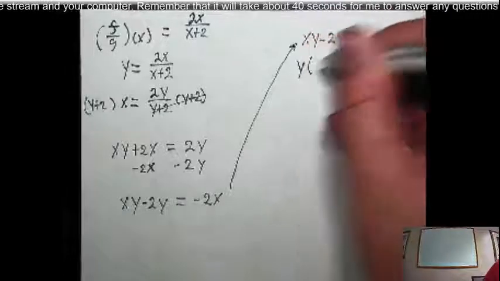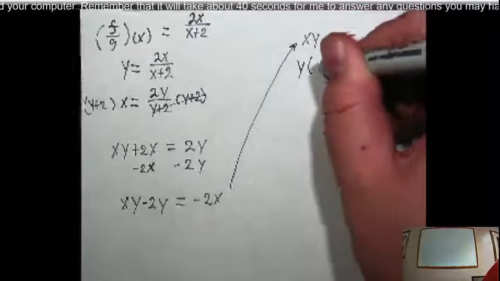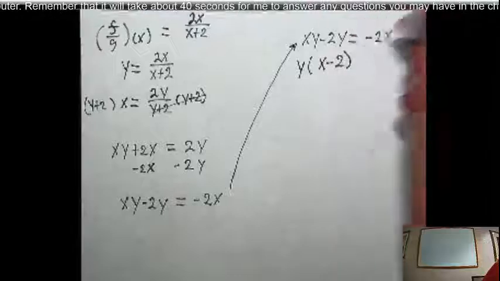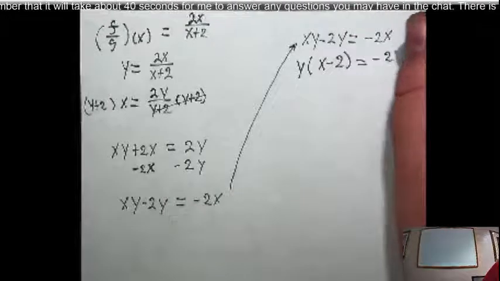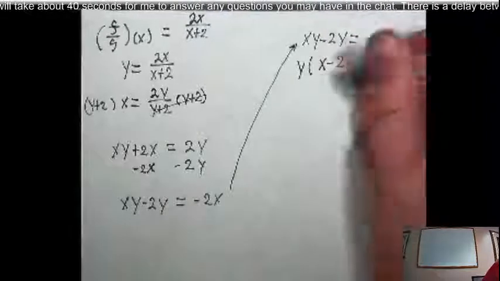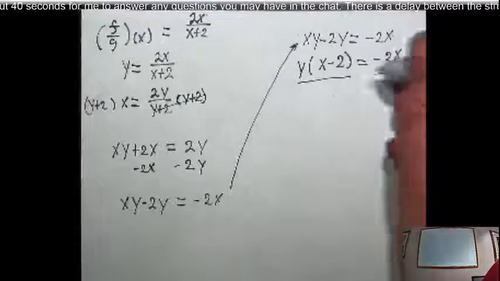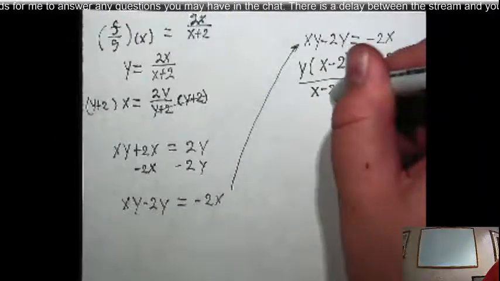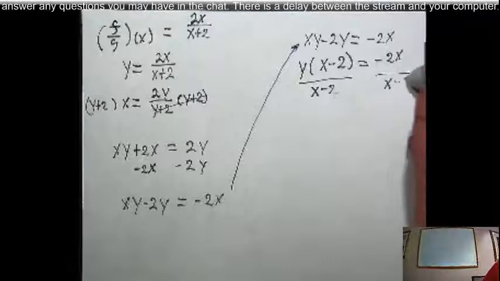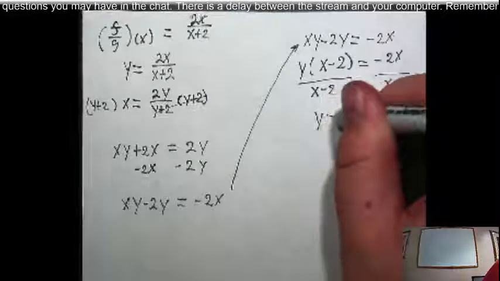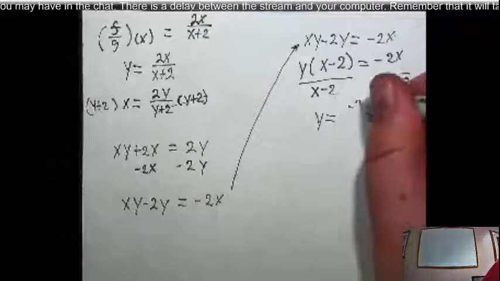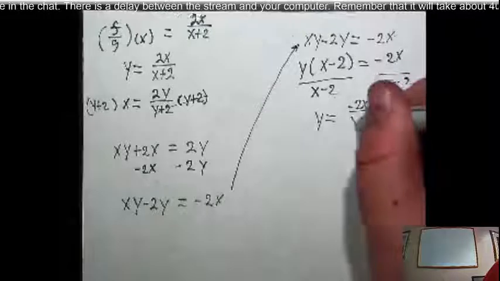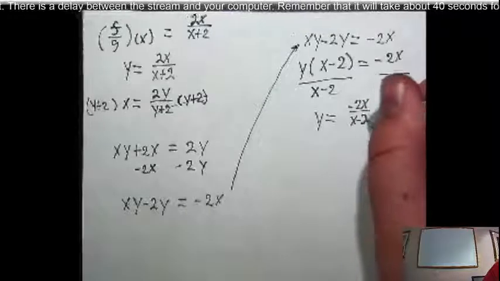That gives me y times (x minus 2) equals negative 2x. And now to get y by itself, I just need to divide both sides by x minus 2. And so I get y equals negative 2x over x minus 2.